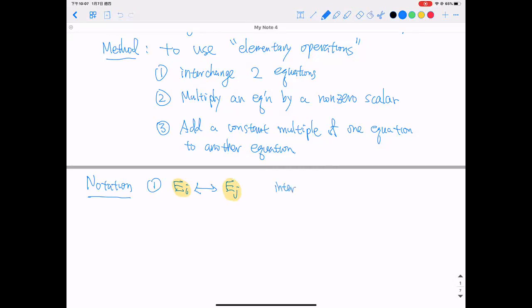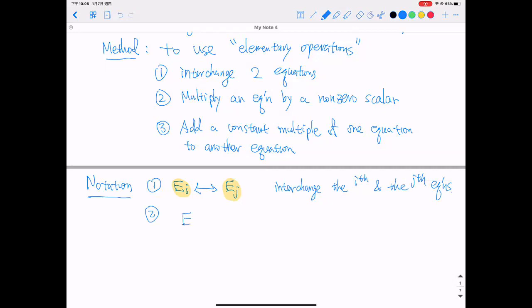So this notation means interchanging the i-th and the j-th equation. The second operation is about multiplying an equation by a non-zero scalar.